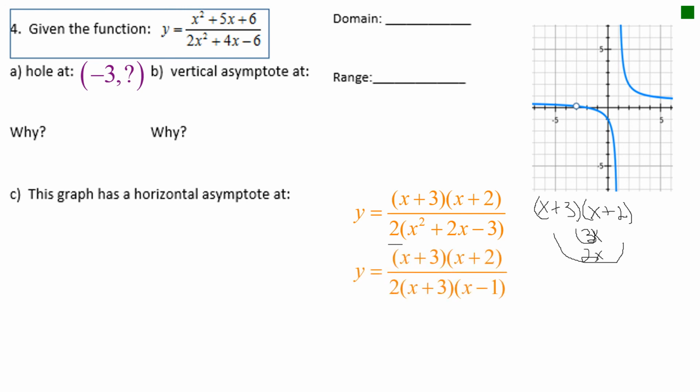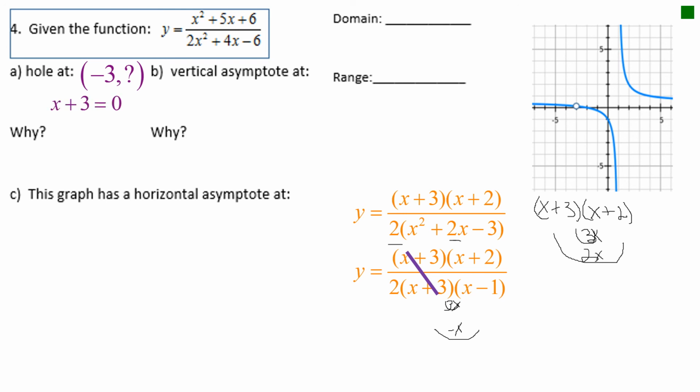Can I factor that? Absolutely. So when I factor that, check my loops. Here I have 3x, and then I have -x here with my bottom loop. And that comes up to 2x, which is my middle term right here. So I'm looking good. I can cancel from top to bottom. That means there's a hole.